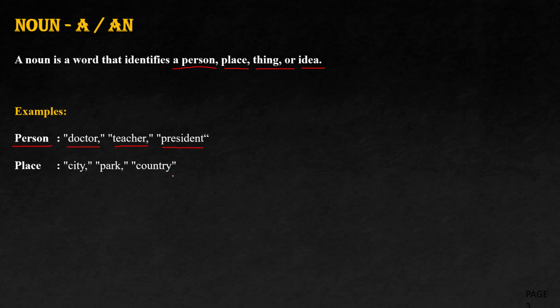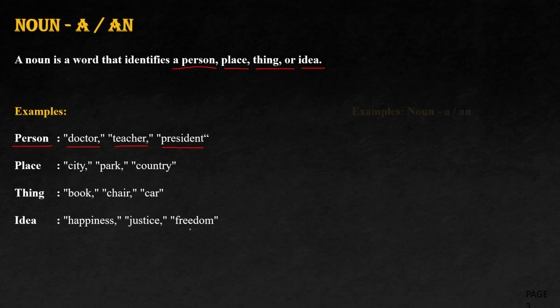You can specify the names of them, let's say Bangalore for a city, Cubbon Park, or the country India. For things: book, chair, car. For ideas, we have happiness, justice, freedom.